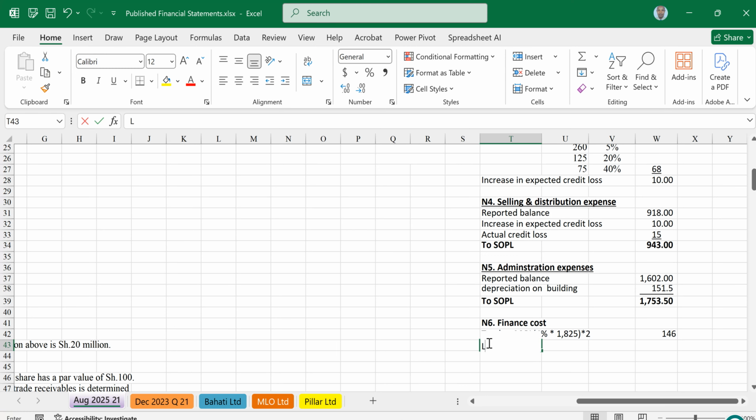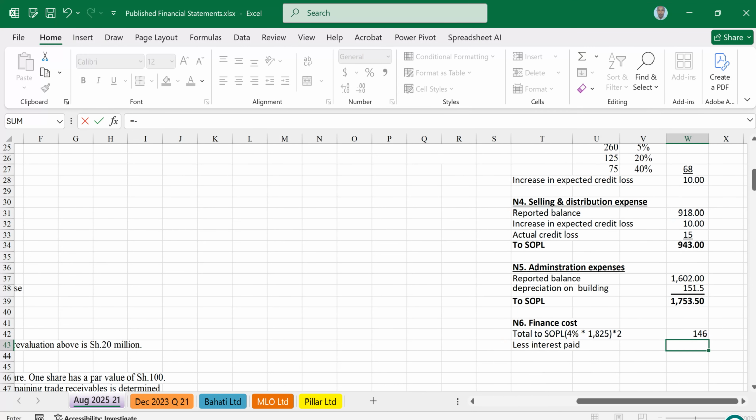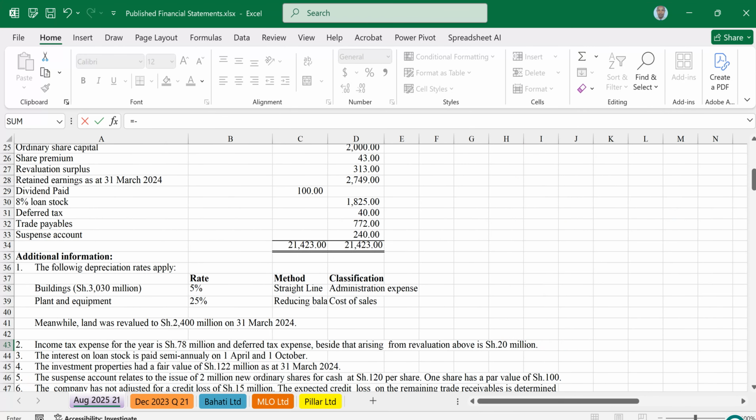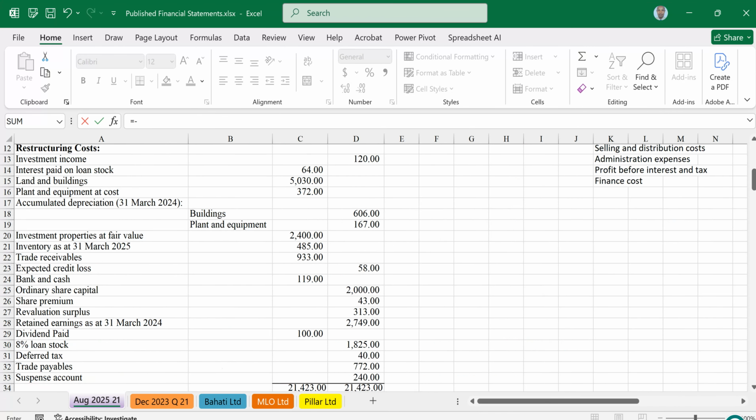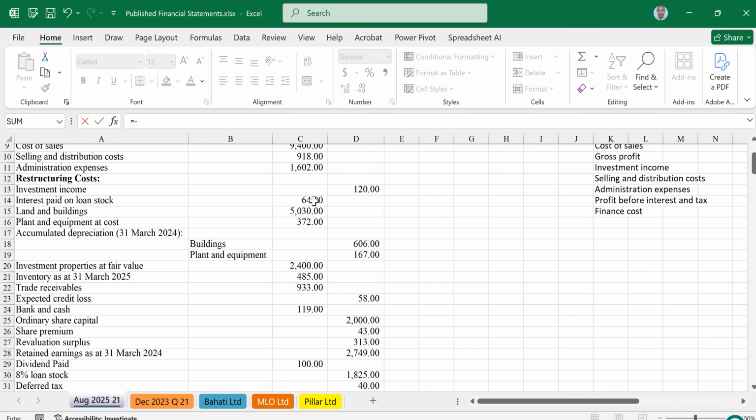Less interest paid. So less the amount of interest that was paid. Now interest paid was given. So the interest paid on loan stock was 64. That was 64.